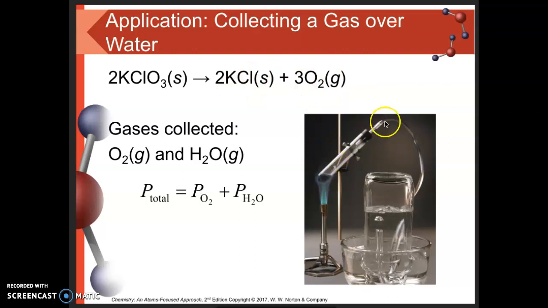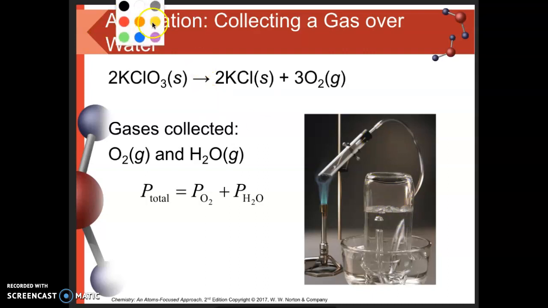And the oxygen gas comes through the bubbler here, and we collect it over water into this jar. Now, inside of this jar, in the airspace, we do have the oxygen that was generated by the reaction, but we also have to recognize that water is volatile to some degree. And so there's water vapor in this area as well.